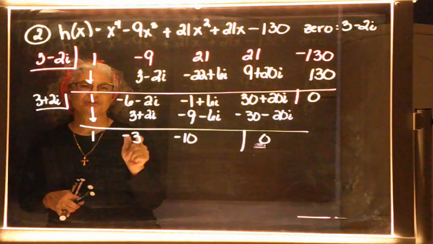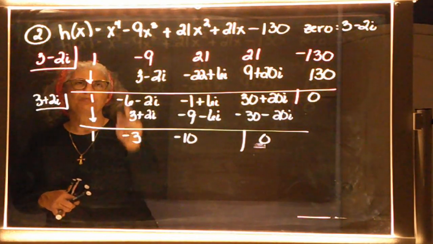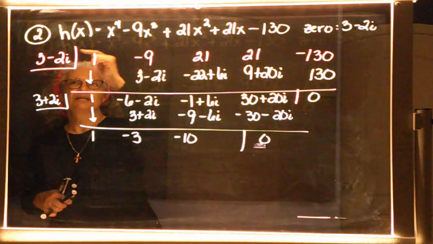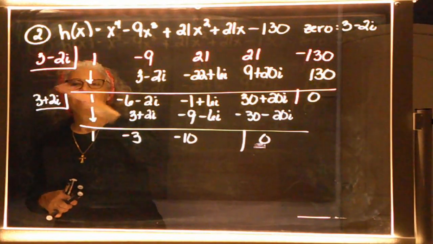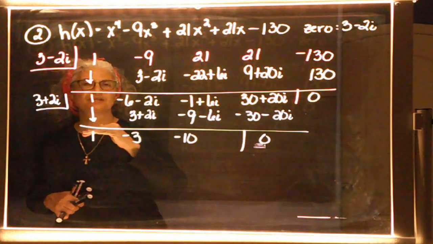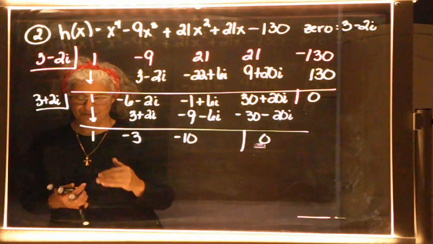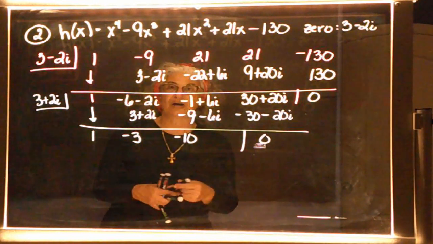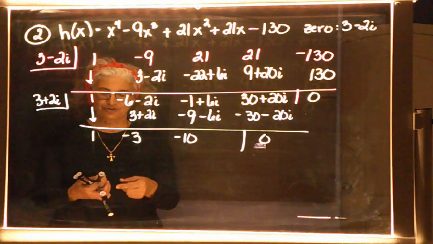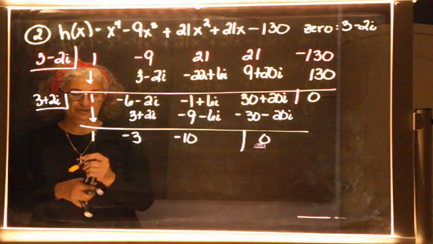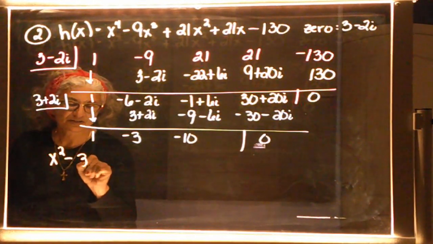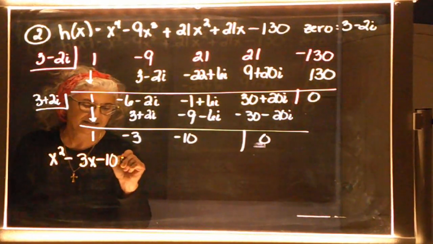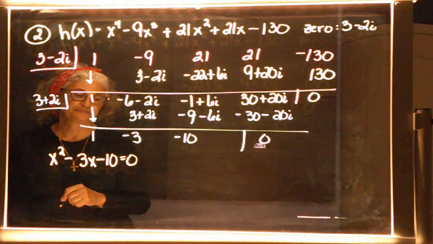So, what degree is this guy? Remember, this was a 4th divided by 1, so this answer was a 3rd. Divided it by a 1st degree, so this answer is a 2nd degree. Good. So I am solving a 2nd degree equation. And my 2nd degree equation I am solving is x squared minus 3x minus 10 equaling 0.